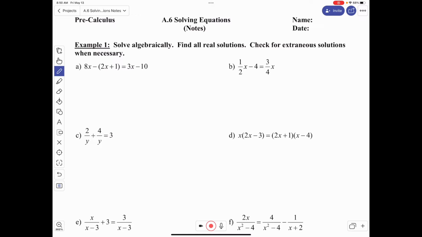Extraneous solutions means that you do everything right when solving, but when you plug it back into the equation, it doesn't work. Now, when necessary means that you really need to check it when you have a variable in the denominator, or when you have a variable in a radical, or a variable in an absolute value.